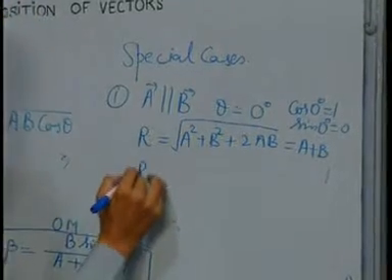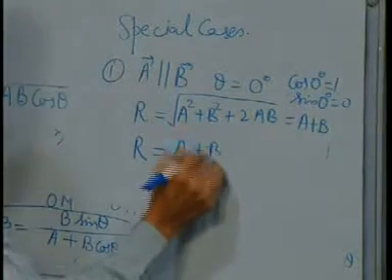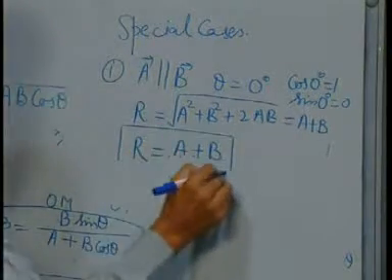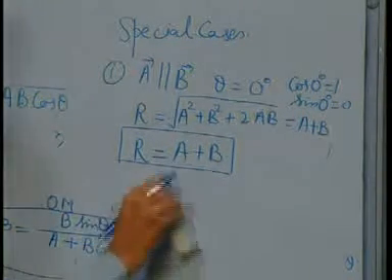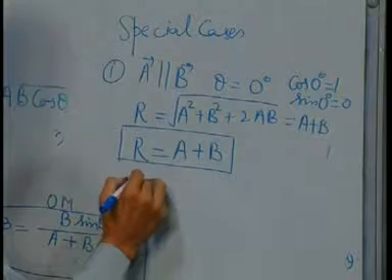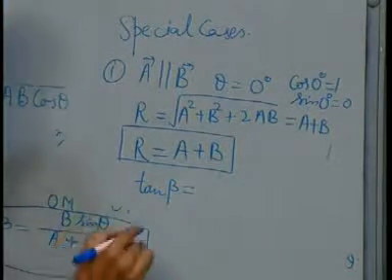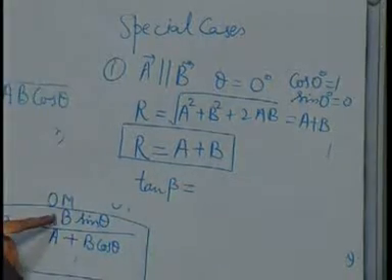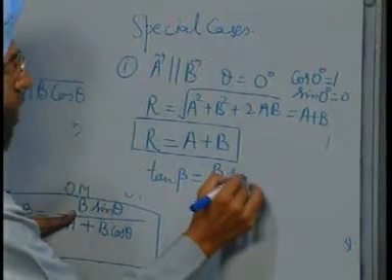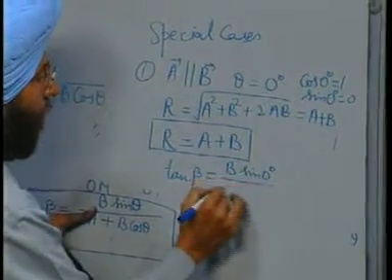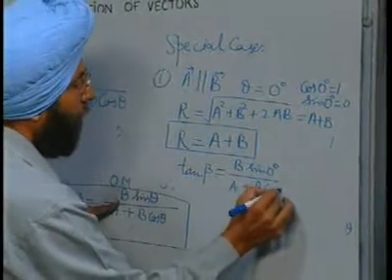So, resultant of two vectors, as we have already seen, if we have two parallel vectors, their resultant is simply addition of the magnitudes of the two vectors. Tan beta, direction, is tan beta equals B sin theta, B sin 0 degree over A plus B cos 0 degree.